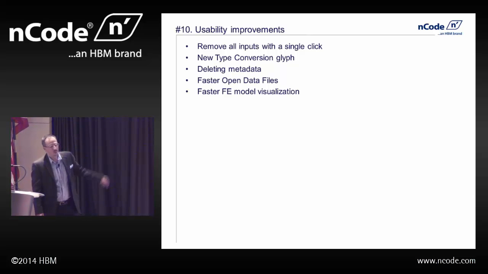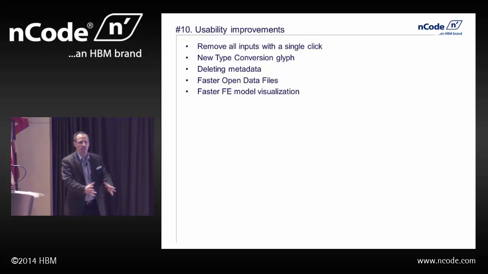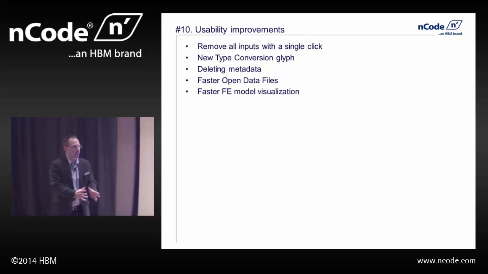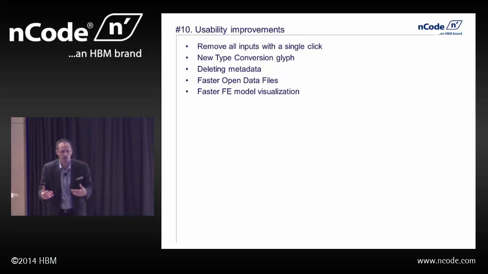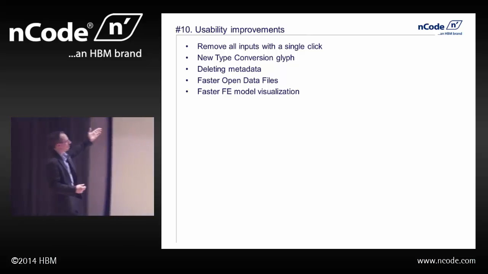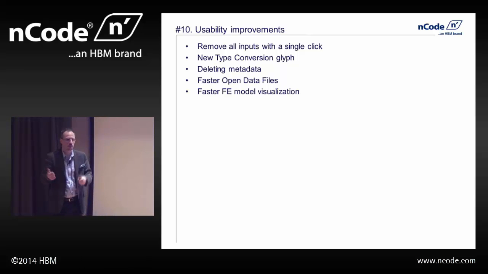We have a new type conversion glyph which is in its infancy, but this is really consolidating things like converting from red pipes to blue pipes to red pipes, converting red pipes to yellow pipes. Make it easier for you to convert what are just data types for us. And so this is the first release of that. And in this one, it's fairly trivial. It's literally just going from time series to histogram, histogram to time series.